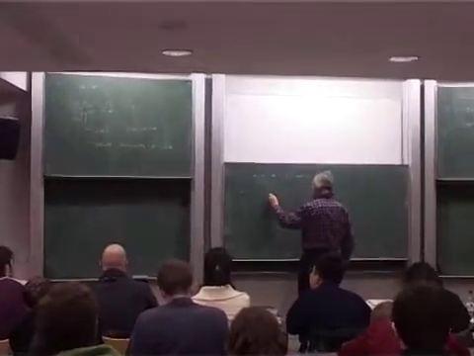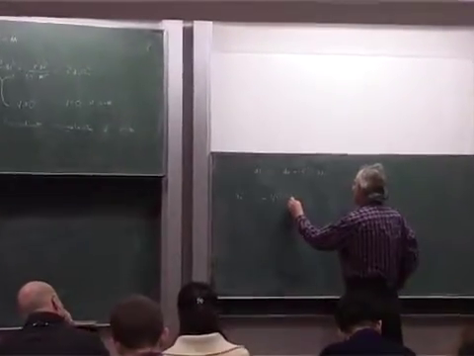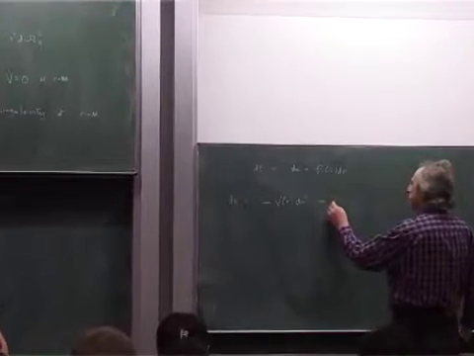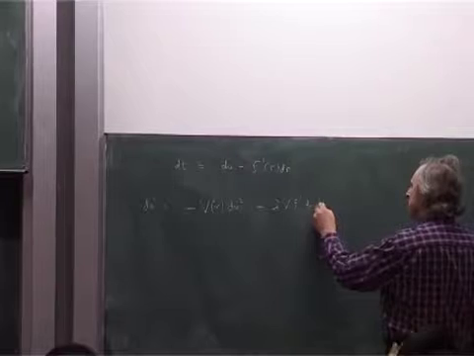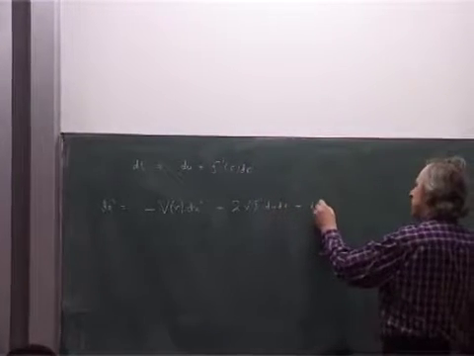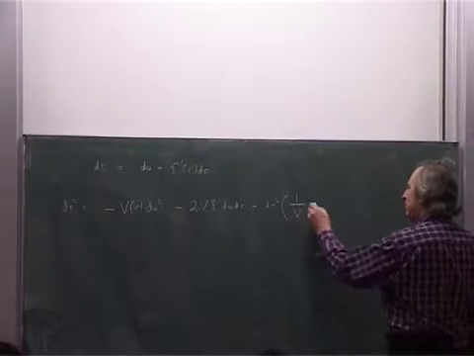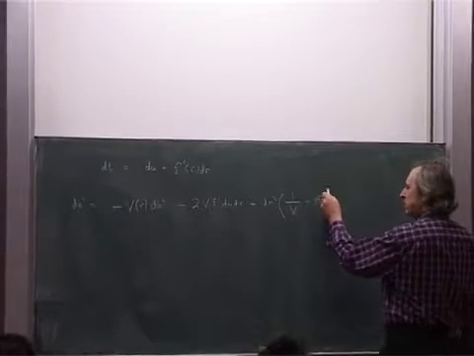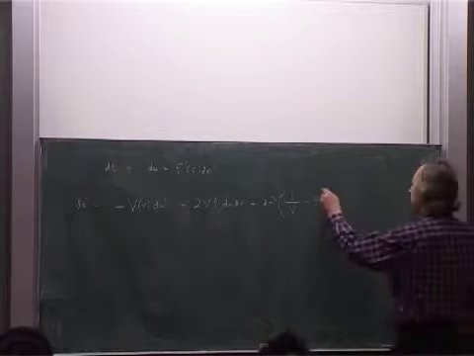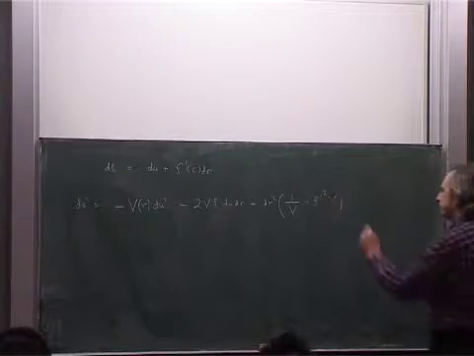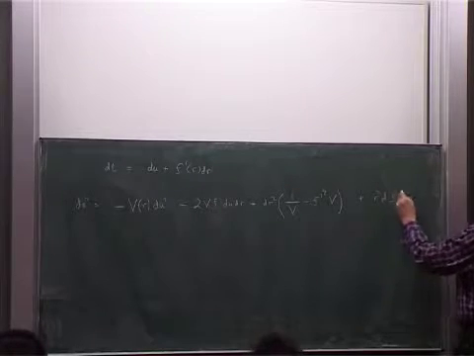Minus v of r du squared, minus 2v f prime du dr plus dr squared times (1 over v minus f prime squared v), plus r squared d omega squared.